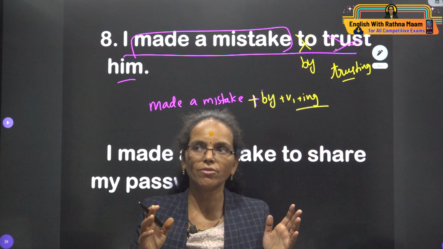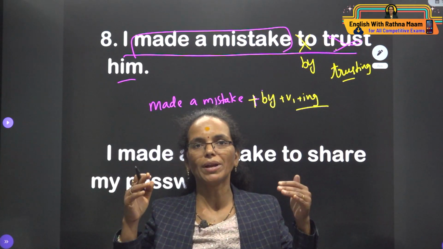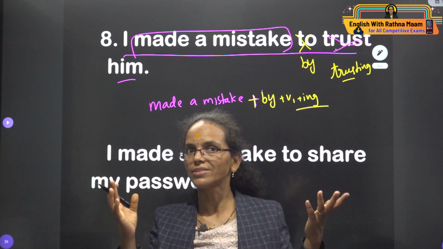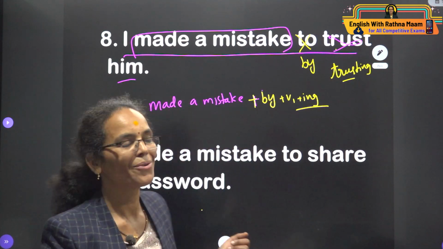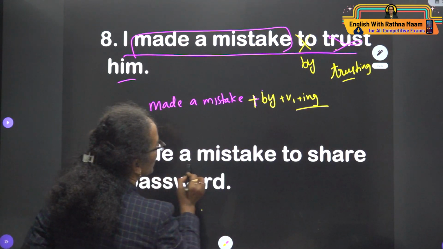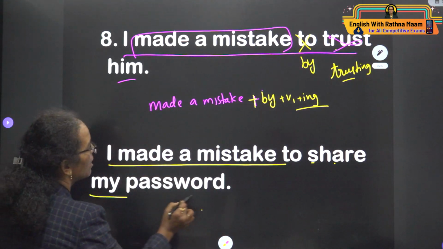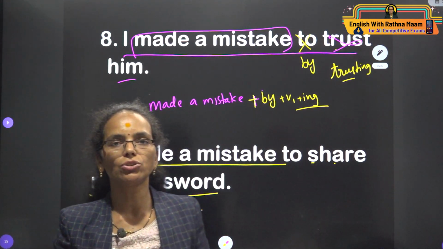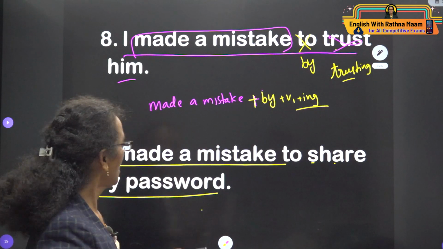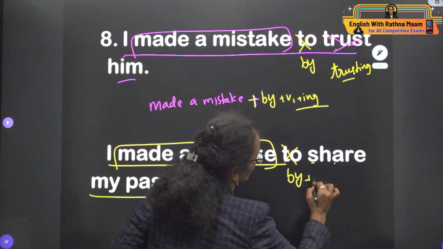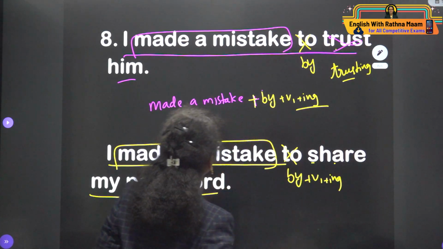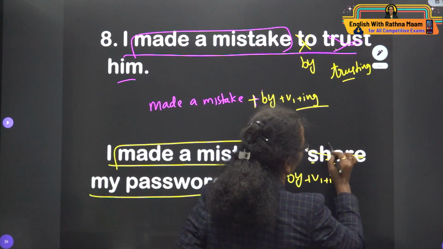We might not have trusted him, but we have already trusted, and we might have revealed our secrets. Who knows? Right? Next one. I made a mistake to share my password. That is the incorrect one. Made a mistake should be followed by by plus V1 plus ing form. I made a mistake by sharing.